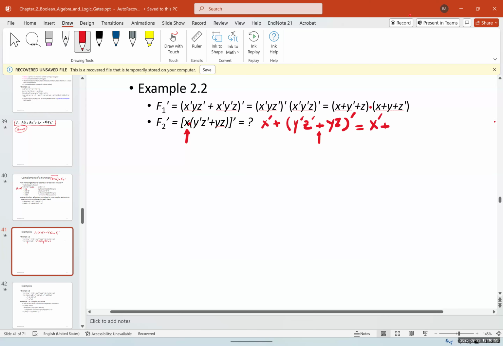So we're going to have x prime plus y prime z prime prime and with y z prime. Again, we have the ands inside the parentheses. So this would be equal to x prime plus y plus z multiplied by y prime plus z prime.